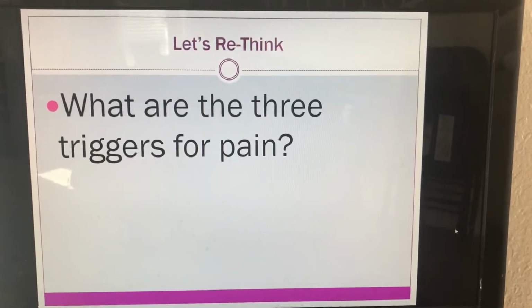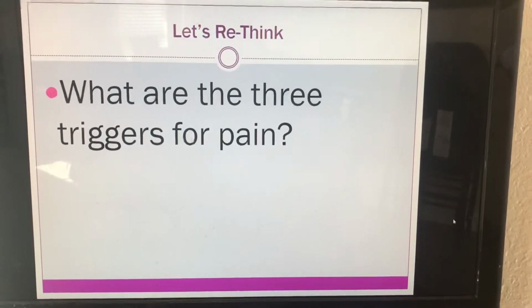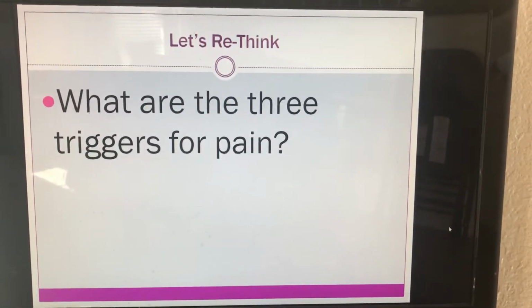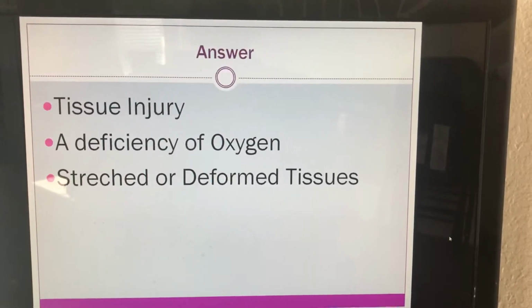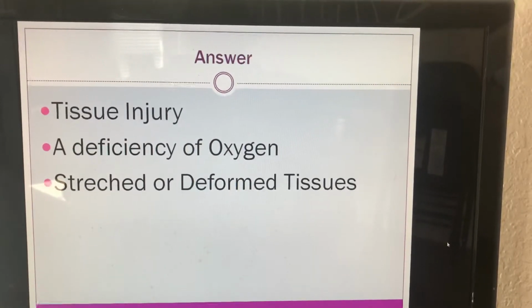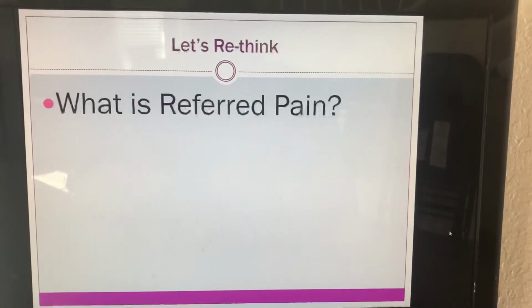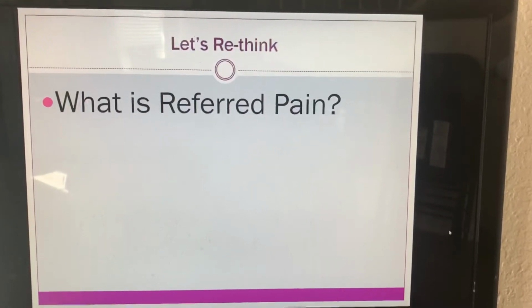Let's rethink. What are the 3 triggers for pain? Tissue injury, a deficiency of oxygen, and stretched or deformed tissues. Let's rethink. What is referred pain?